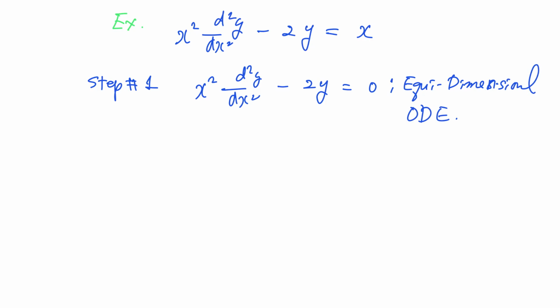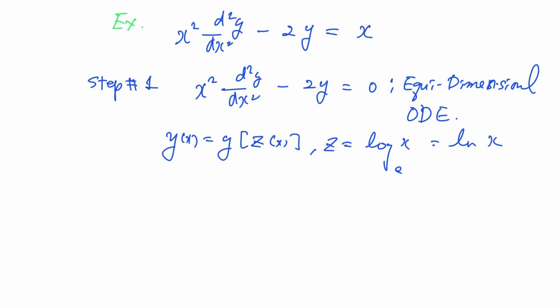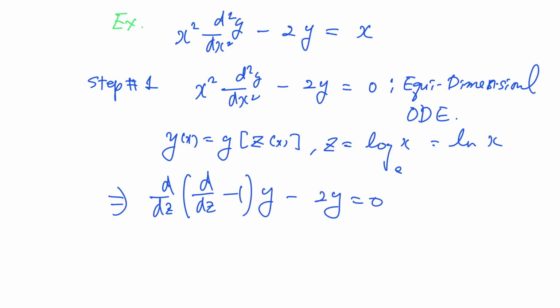So the idea is using the following form: y(x) is something like y(z(x)), and z is log x, same as natural logarithm of x. Then we can transform the equation as follows, right? d²y/dz² minus dy/dz minus 2y is equal to 0.